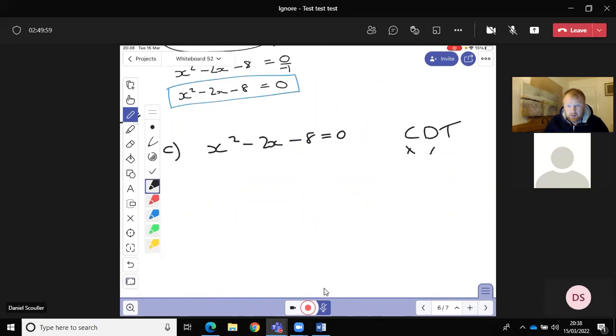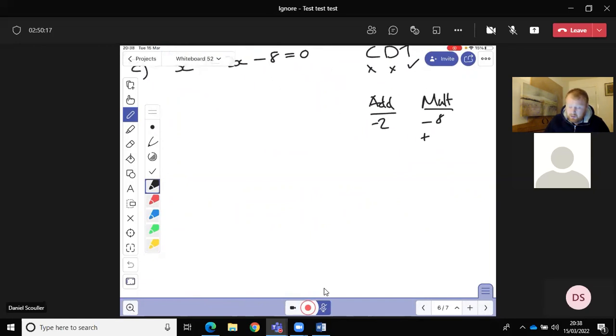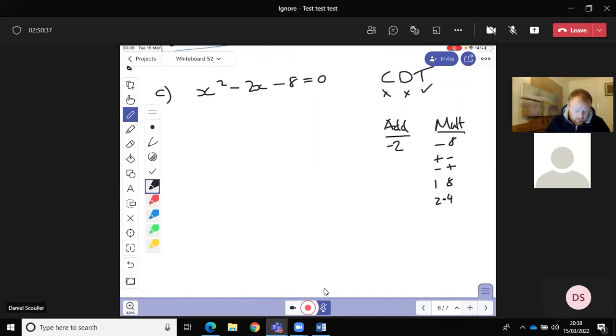Okay, there's no common factor, there's no difference of two squares, so I just want to do the trinomial. Okay, so I want to add two numbers together to make -2, multiply two numbers together to make -8. So I want a positive and a negative, and a negative and a positive. I'm going to add them together. So -8, getting 1 and 8, 2 and 4, and that's us. To make -2, I'm going to have +2 and -4.